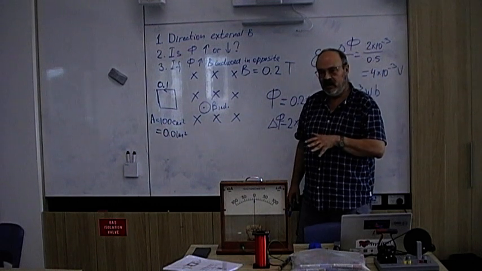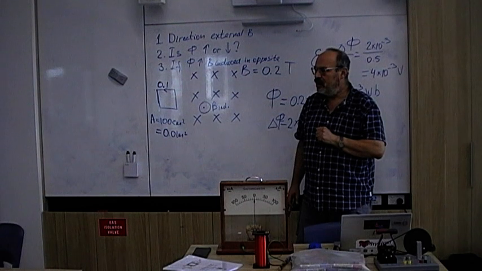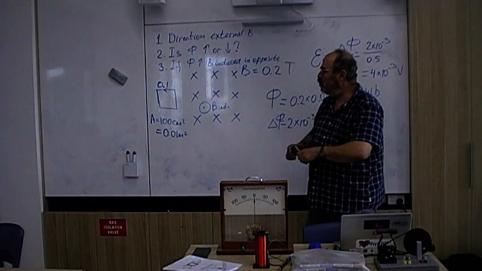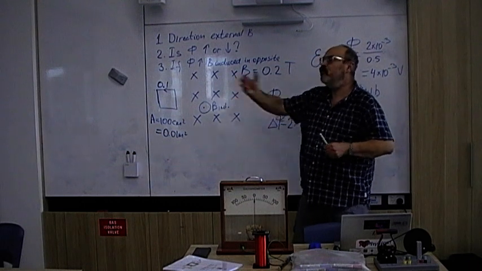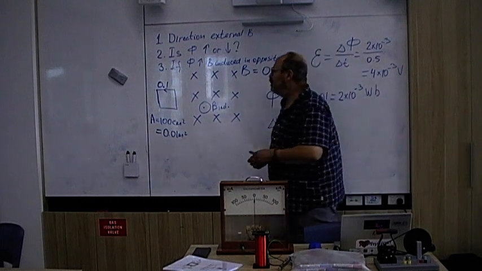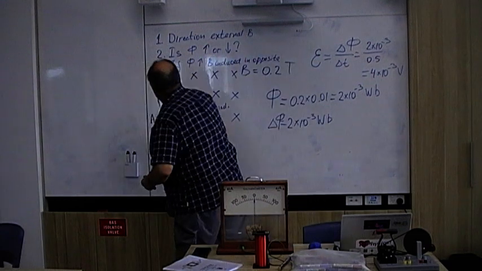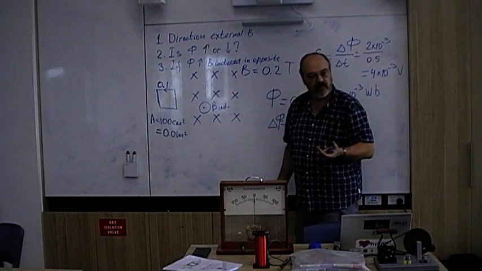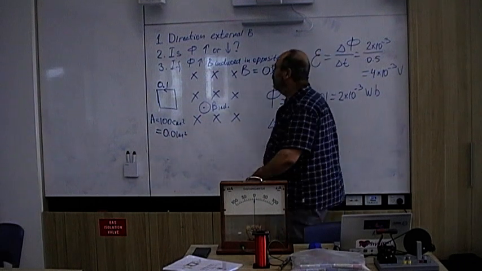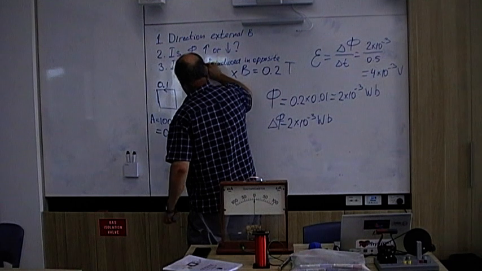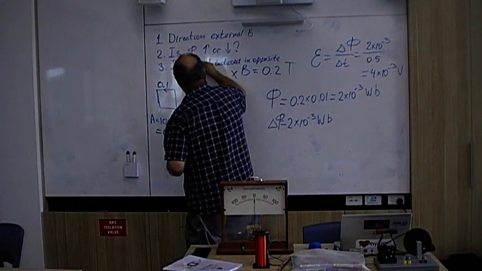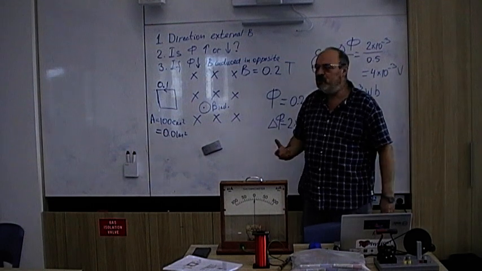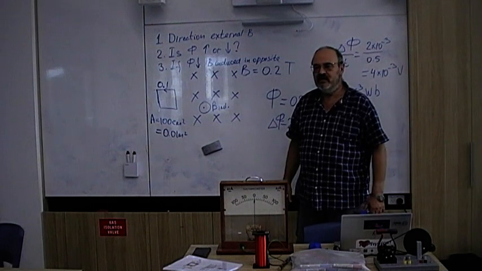Make sense? Now let's consider that we moved the coil in, and we're moving it out. When we're moving it out, the flux will be decreasing. So if the flux is decreasing, what should be the direction of the induced field to oppose it?